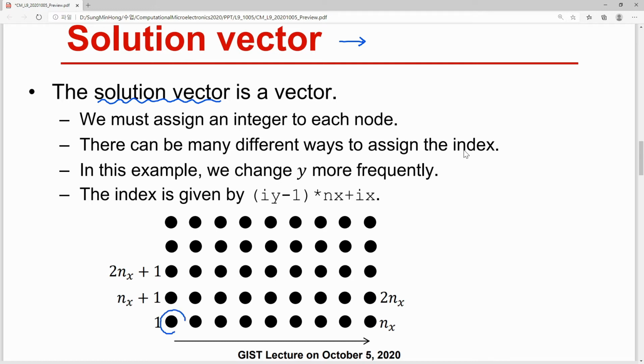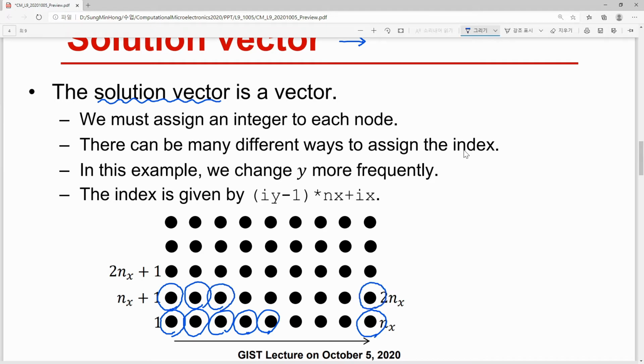This one becomes 1, the first one, 2, 3, 4, 5. Its index ends at n sub x. After that, the second row is assigned with n sub x plus 1, n sub x plus 2, and n sub x plus 3. It ends with 2 n sub x.